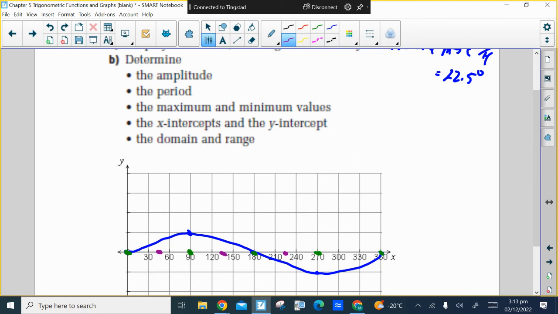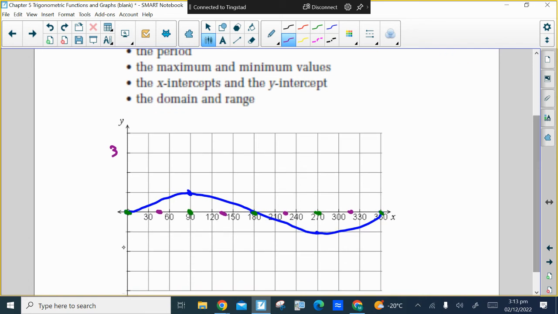Halfway in between these first 2 points now is our first maximum, which will be at positive 3. So there's 1, 2, 3 is up here, and negative 3 down there. So approximately there, that's where 22.5 is.